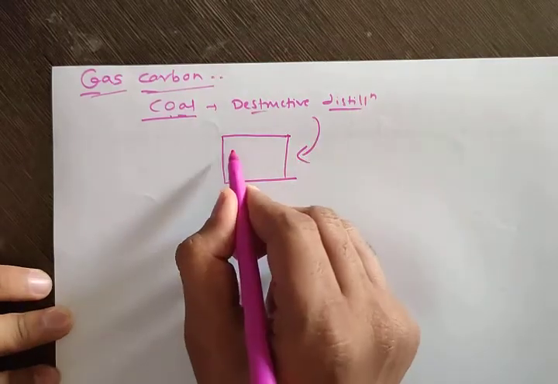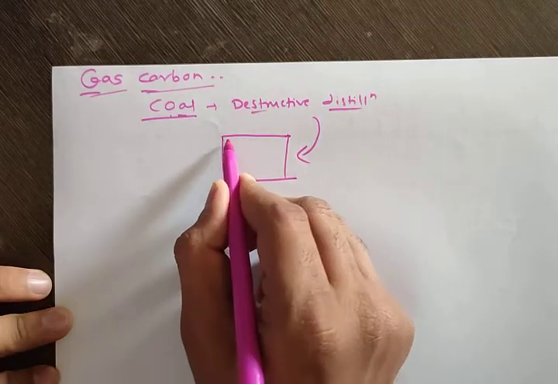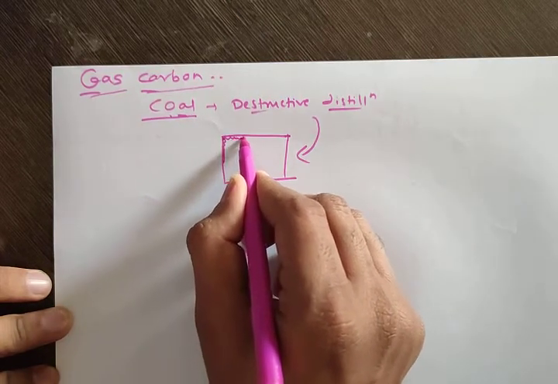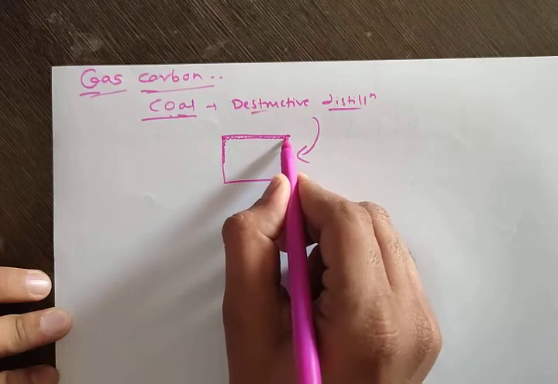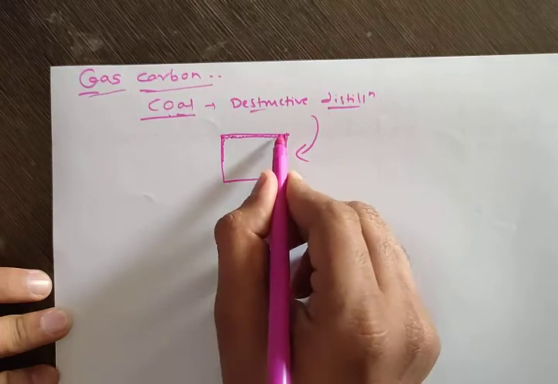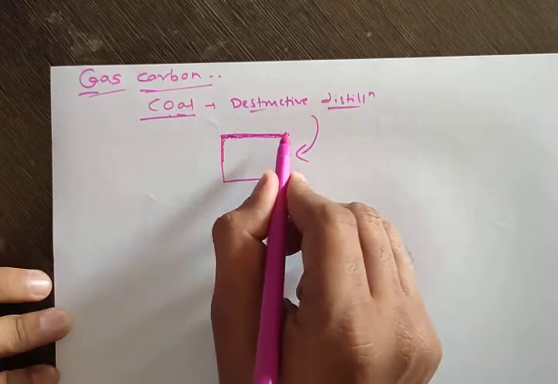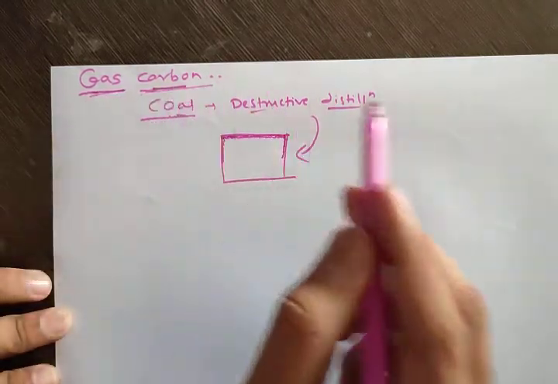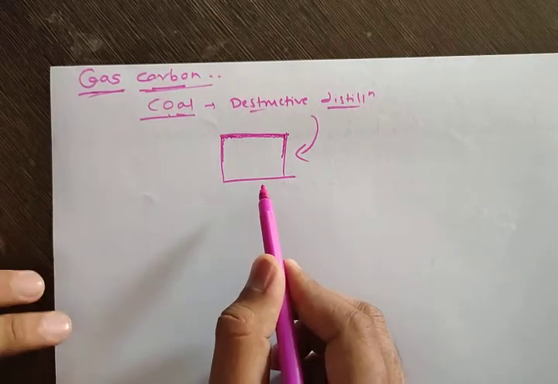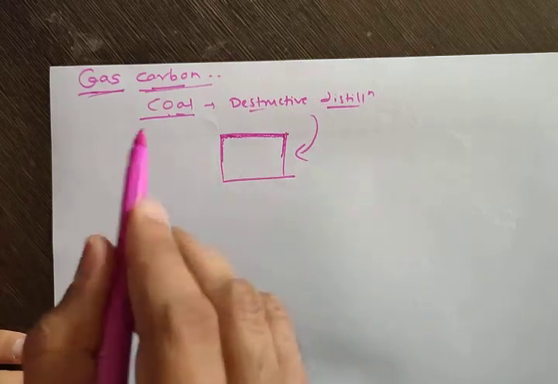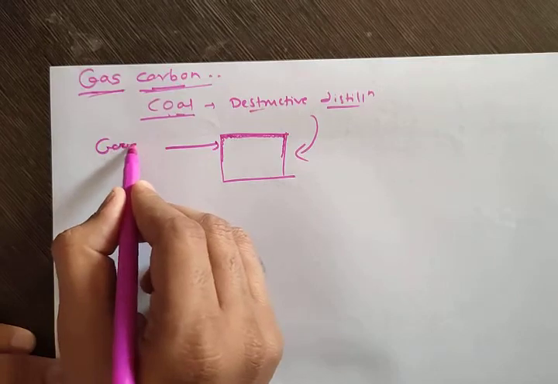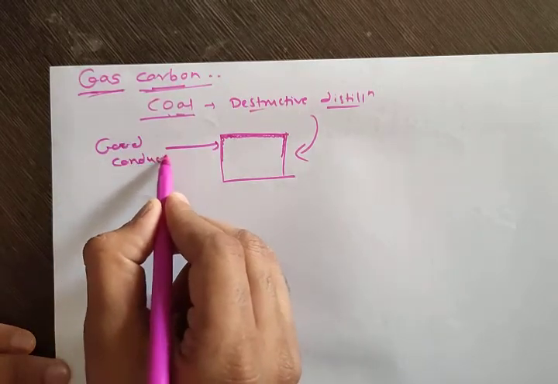So after the destructive distillation, whatever black color soot, just like we have seen previously, is deposited inside the wall of this container, that black color soot is nothing but gas carbon. Okay, so it is also black in color. And one special property about this gas carbon is that it is a good conductor of electricity.